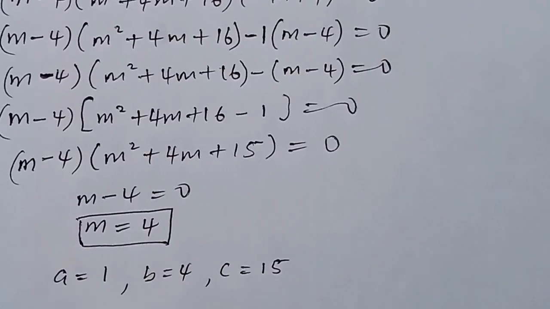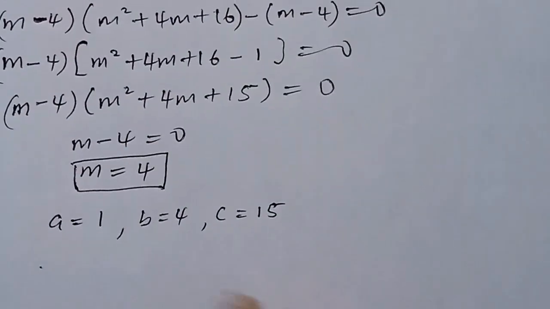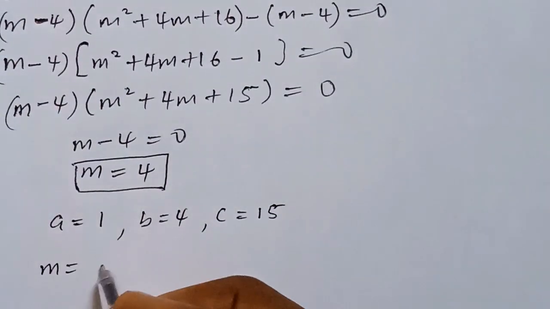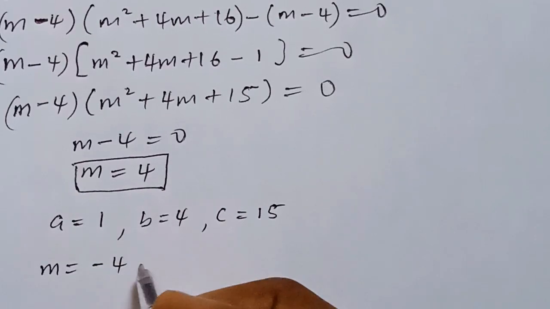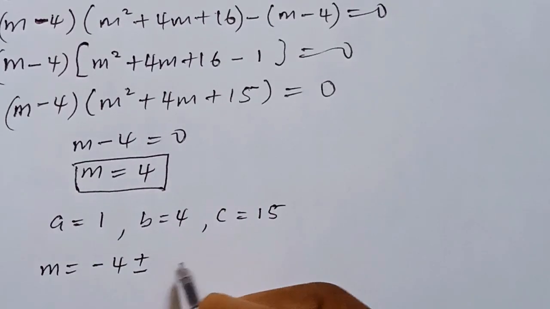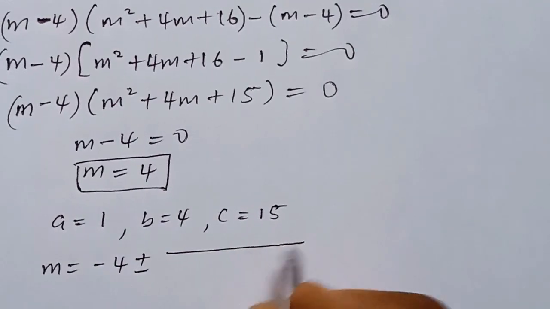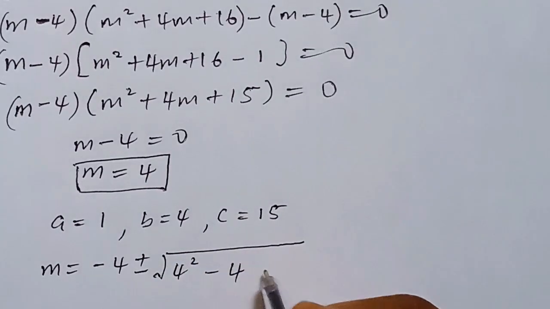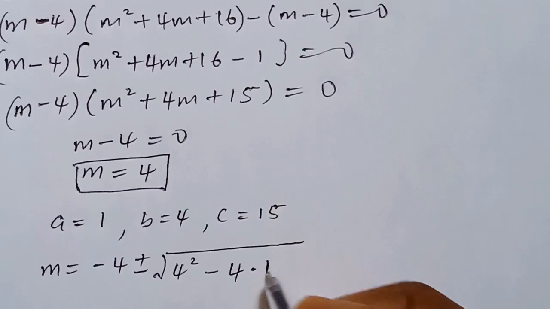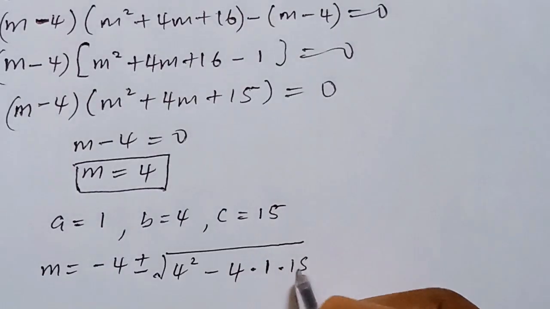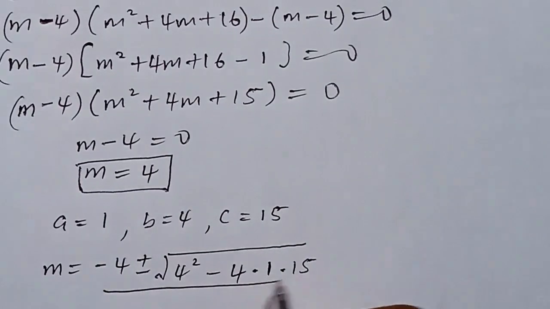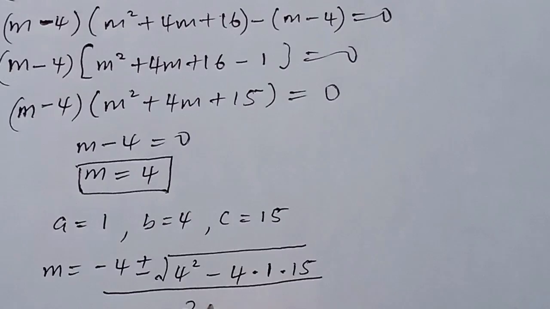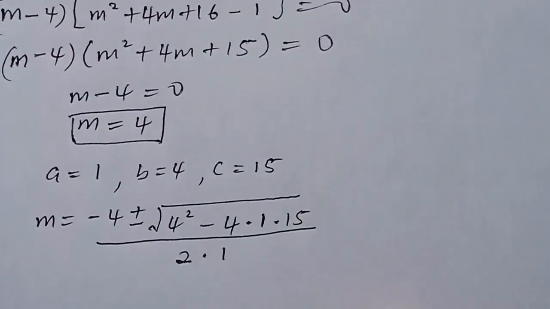So from the quadratic formula, M will be equal to minus 4 plus or minus square root of 4 squared minus 4 multiplied by 1 multiplied by 15, all over 2 multiplied by 1.